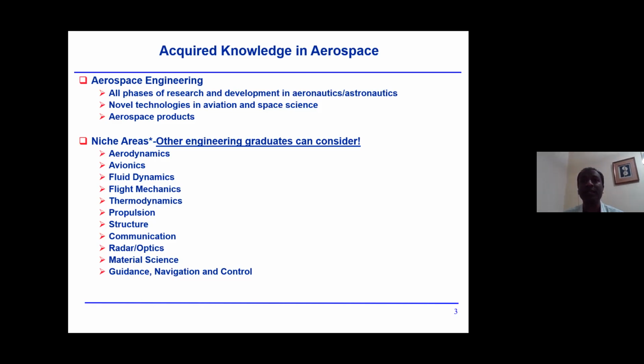So they can contribute to aerospace engineering as a whole. Therefore, not only aerospace engineers but also other engineering graduates are relevant to the field. All right, this is very, very important.